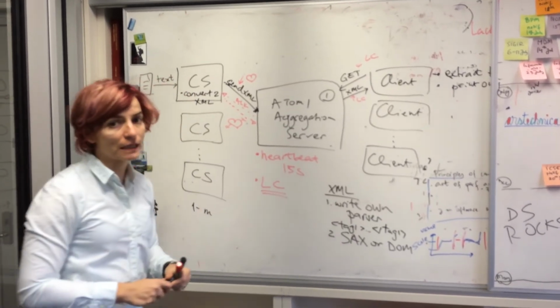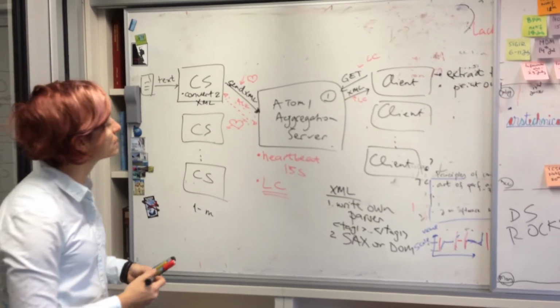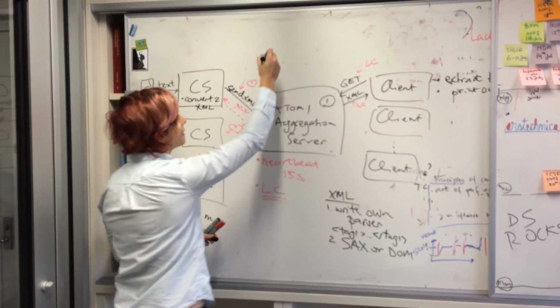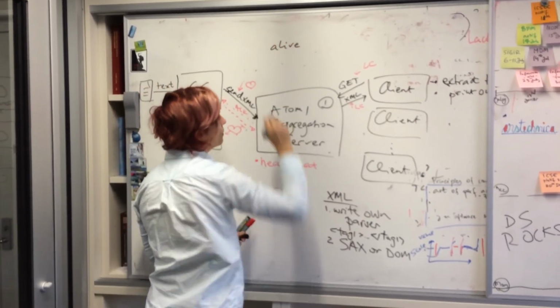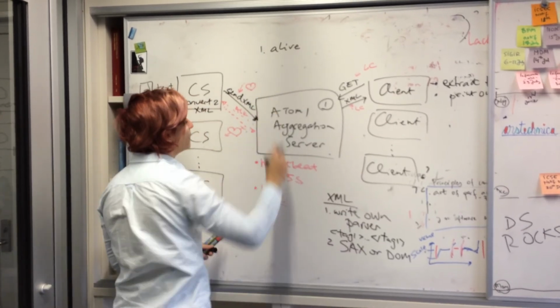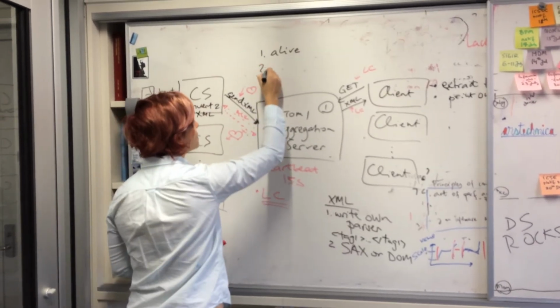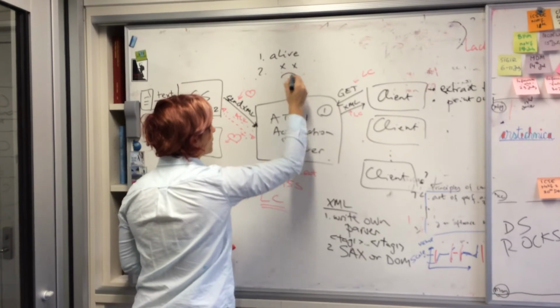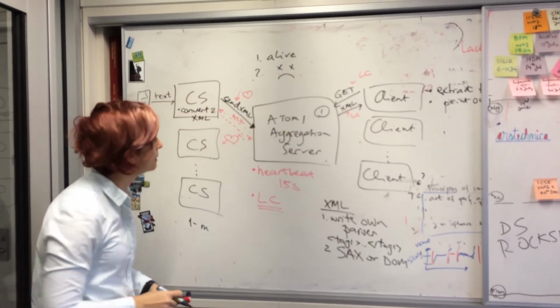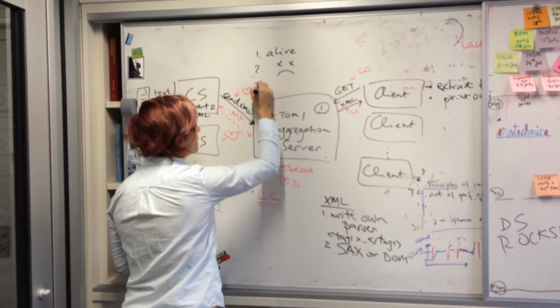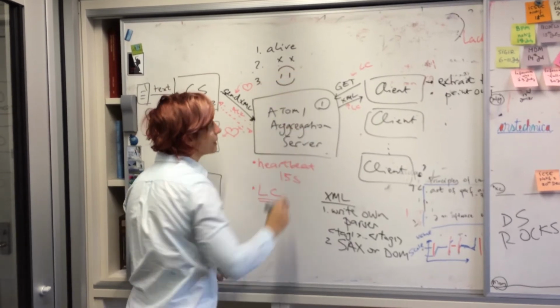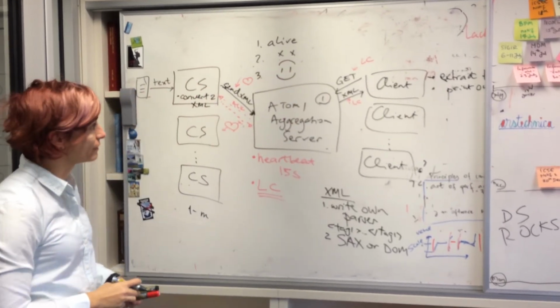Another important thing that needs to happen for your aggregation server: let's say your aggregation server is now alive. This is step 1. At some point it crashes, so it becomes dead. A few moments later, it comes back again and becomes alive again.